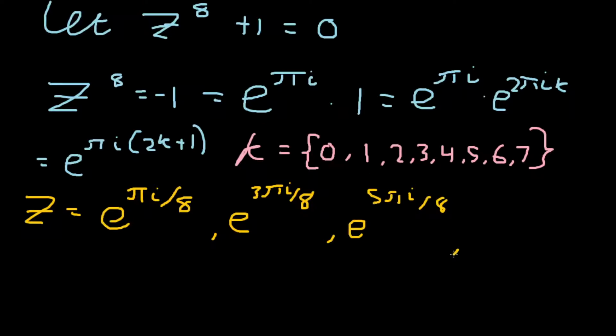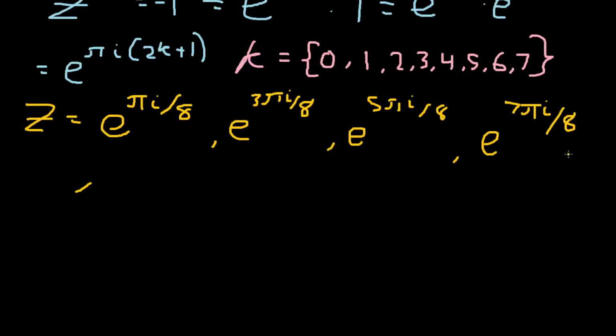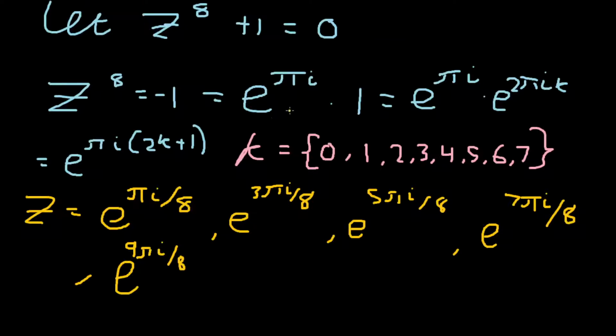I'll write this quickly. And essentially for all of these values, when you take them to the 8th power, they just yield negative 1. And so when you put these into this function, it's undefined.